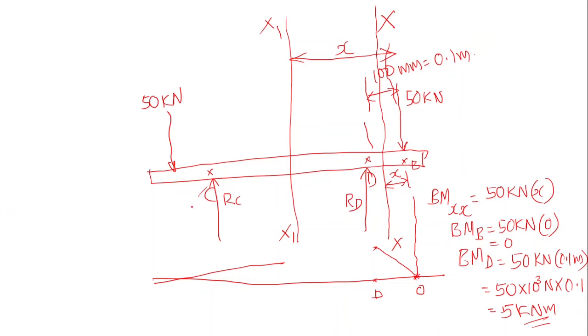Then due to symmetry we can say that RC is equal to RD is equal to 50 kilonewton.